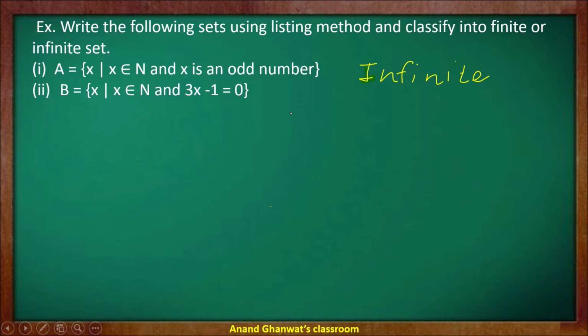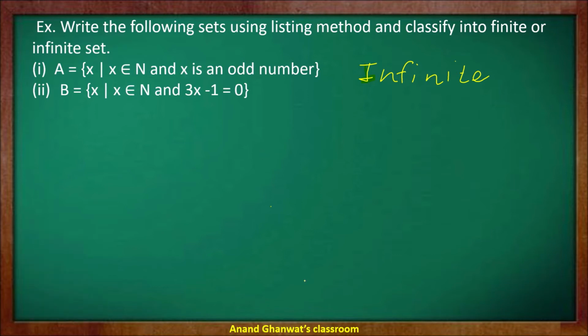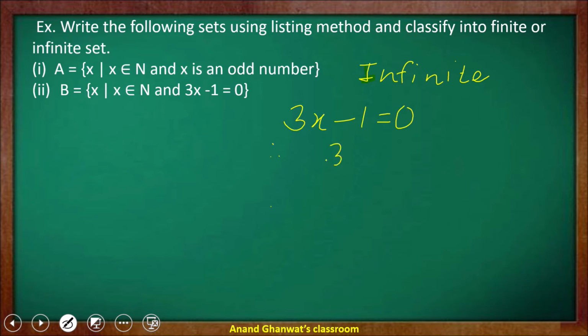What is the meaning of this? 3x minus 1 is equal to 0. Therefore, we solve: 3x is equal to 1, and dividing both sides by 3, we get x is equal to 1 upon 3.